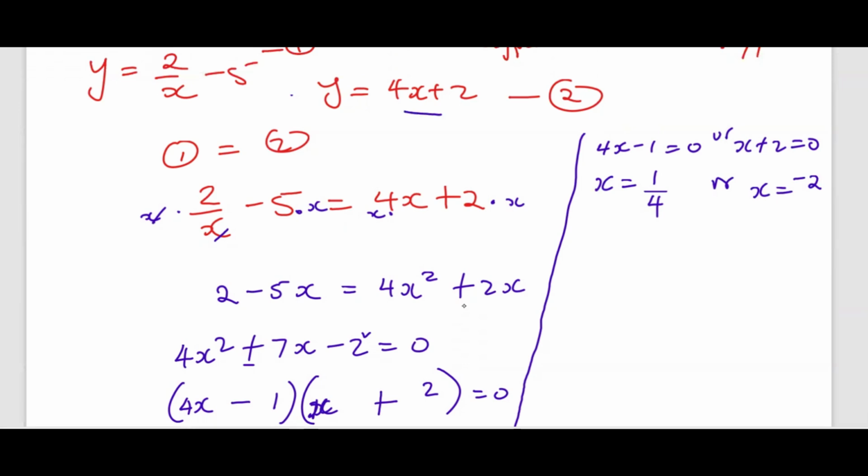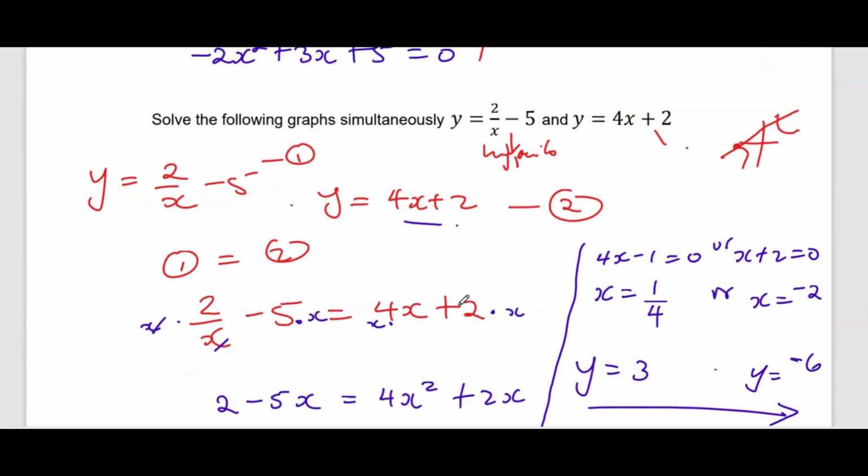I can use the second equation rather. So 4 times a quarter, that's 1, plus 2, which means it's 3. And in this case, it's going to be 4 times negative 2, which is negative 8, plus 2, which is negative 6. So that is how we would approach these simultaneous equations.